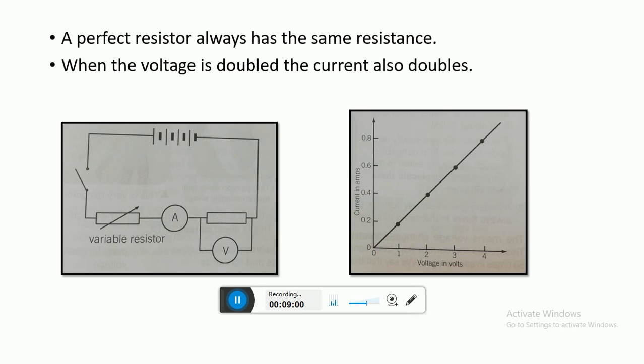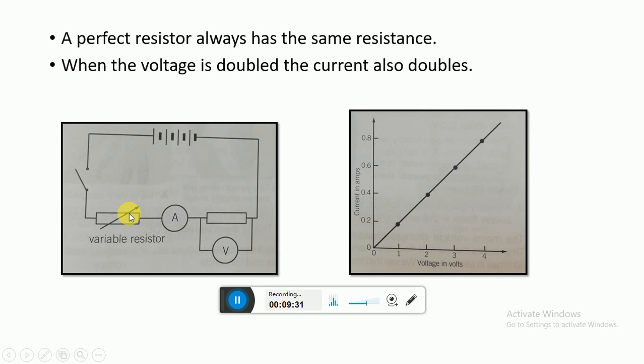As I told you in the class as well, according to Ohm's law, the current is directly proportional to the voltage. Keep in mind, voltage is the independent quantity and current is the dependent quantity. So the graph would be a straight line inclined to the x-axis.